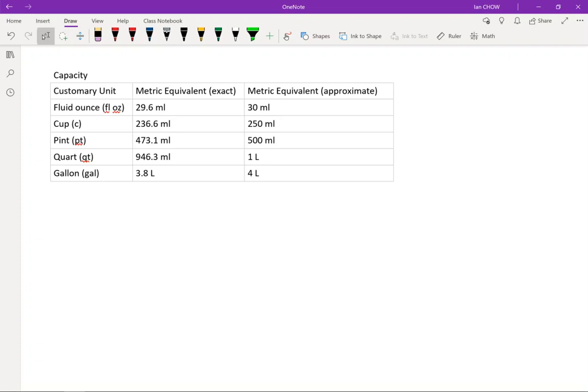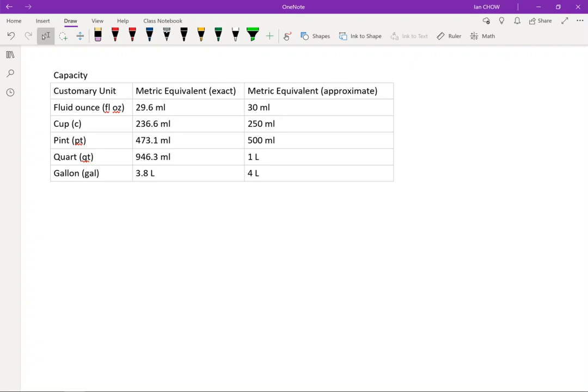They're both 1 fluid ounce, but of course, the 1 fluid ounce of solid gold will be much heavier than 1 fluid ounce of water. 1 fluid ounce of water will be roughly the same as the ounce in terms of weight, and then 1 fluid ounce of gold will be a lot heavier. So that's the difference between fluid ounce and normal ounce.